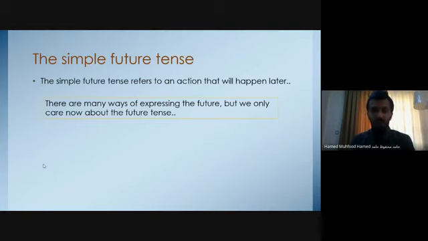So this is a very important point that we should keep in mind. And by the way, we are going to study these ways of expressing the future without following the sentence formation of the future tense. All right, so we should always keep it in mind.